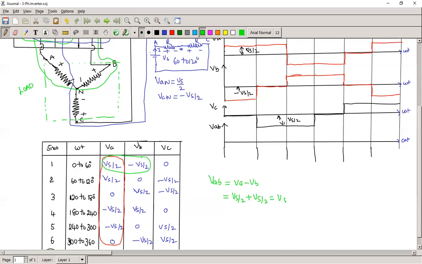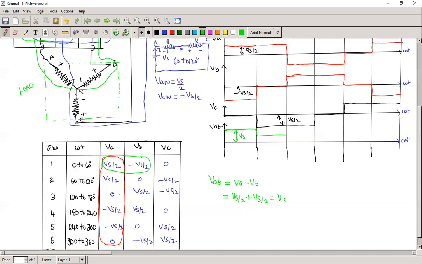So for 0 to 60 degrees the VAB voltage is Vs. Again here, Vs by 2 for 60 to 120 degrees, same calculation.